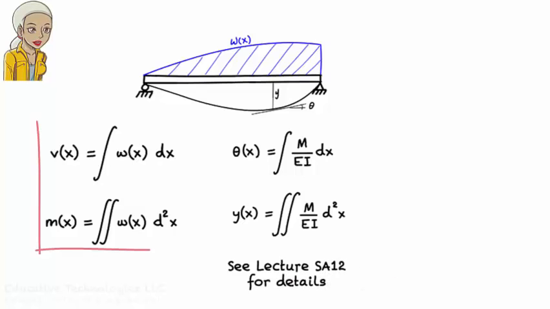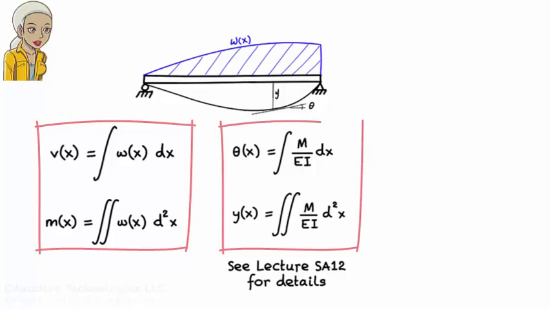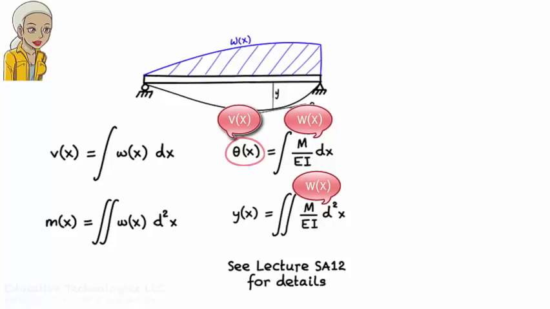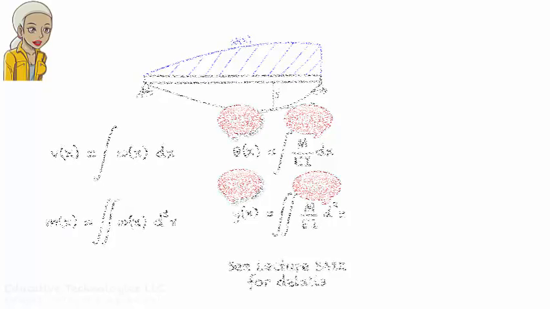Note the similarity between these equations and these equations. Here, if we view M over EI as a continuous load applied to a beam, then theta represents shear in the beam, and y represents moment in the beam. Let me restate what I just said.